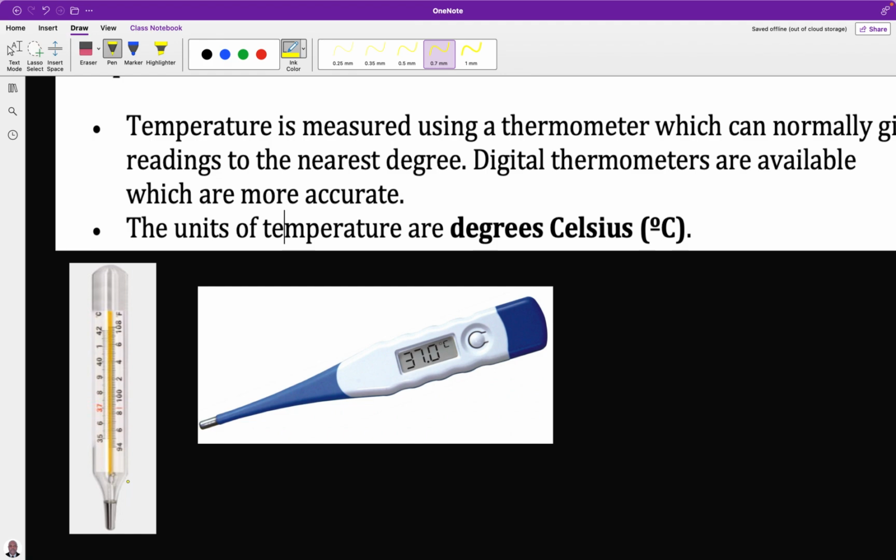So reading the thermometer is very important. As we proceed, I will show you in the next page how you can read this. But remember, the units for temperature are degrees Celsius.